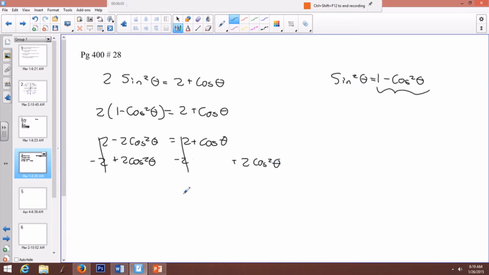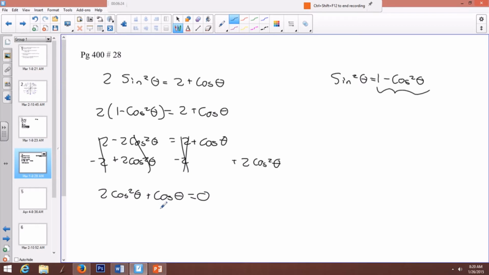Those cancel, those cancel. And just to reorder in decreasing degree order, I have 2 cosine squared theta plus cosine theta is equal to 0.